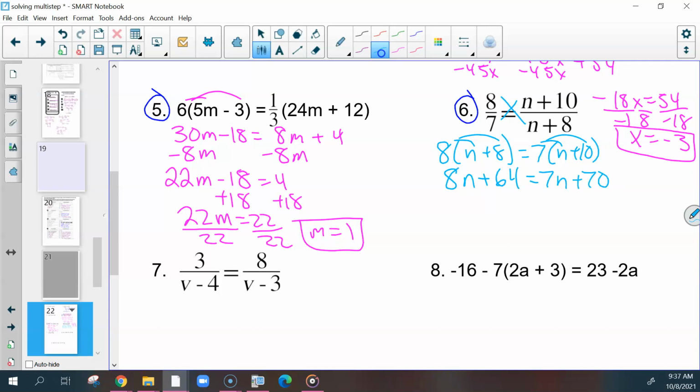Okay, so distribute, and then we don't have like terms on the same side. We can combine. What do we want to move? Hayden? 64.